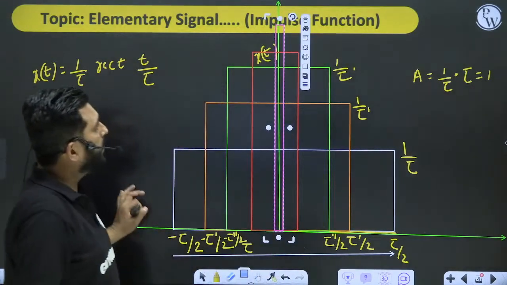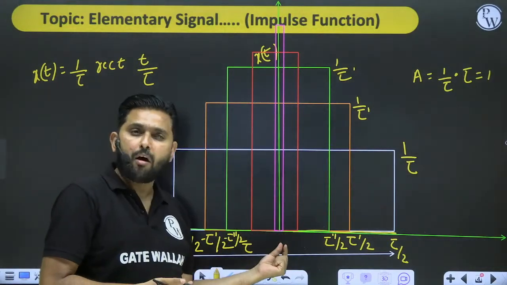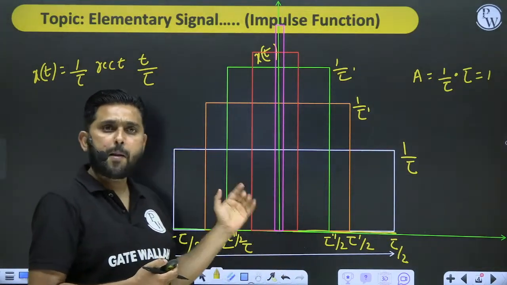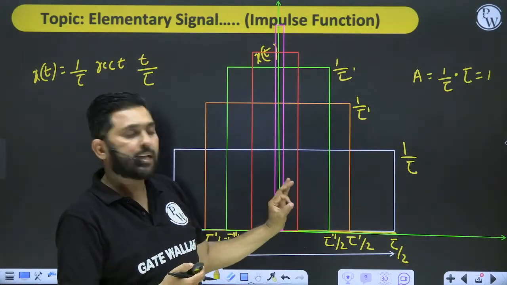See, this is the function. This function has a very, very small width but a very large height, and hence this function still has the area.